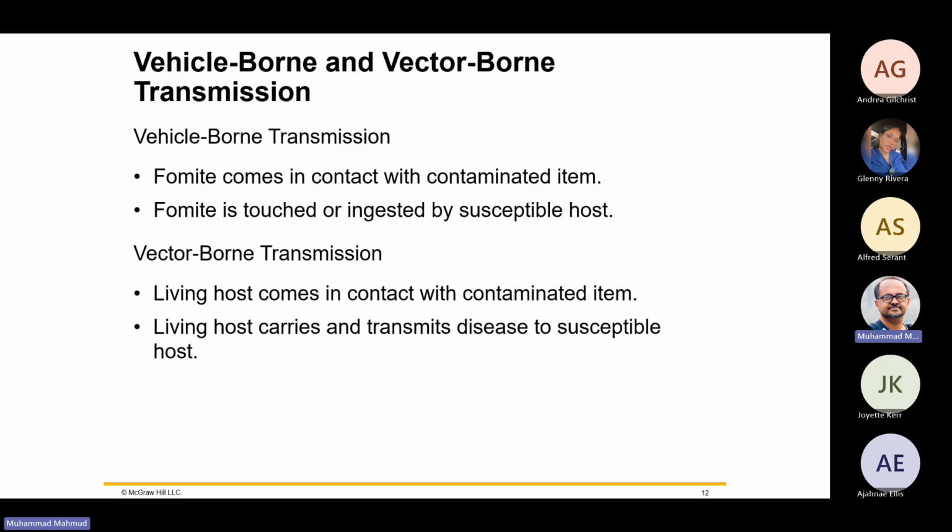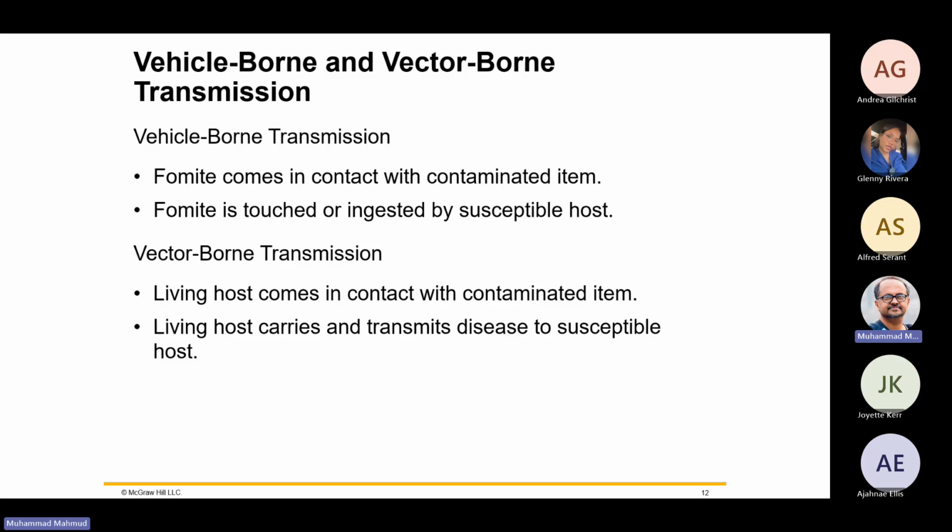Vehicle-borne or vector-borne transmission. Vehicle-borne transmission occurs when a fomite comes in contact with contaminated items, such as used dressings. The fomite then serves as the vehicle to transmit the disease to the susceptible host. To prevent this, dispose of soiled dressings properly and clean equipment thoroughly according to the facility's policy.